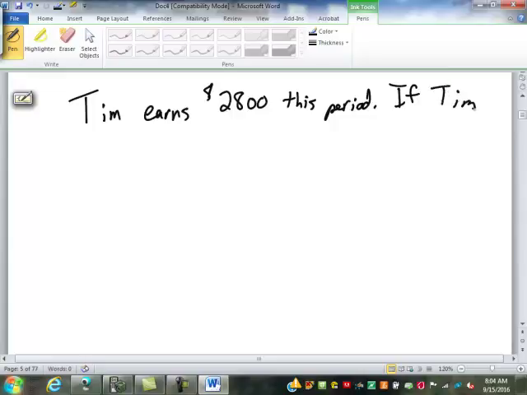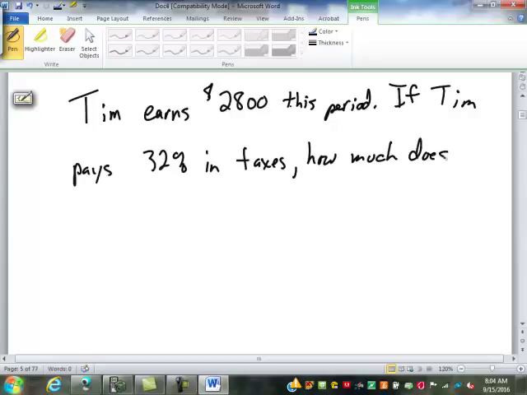If Tim pays 32% in taxes, how much does he take home? So we have the 32%, 32 over 100.